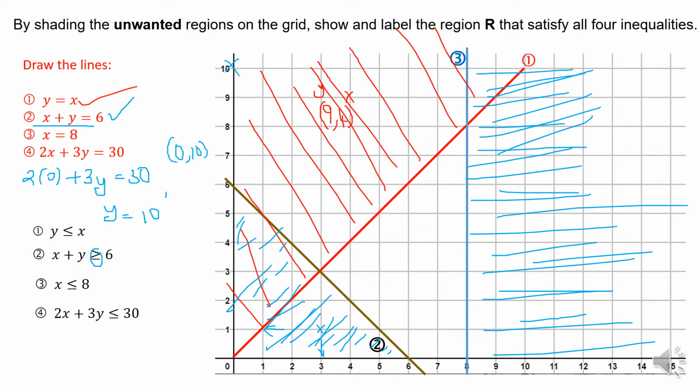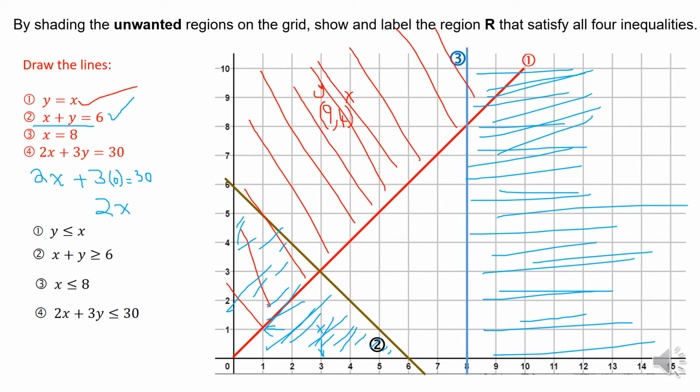That is the point that we are going to plot if you were to draw that particular line. And also to find where the line will cut the x-axis, you make y equal to 0. So you have 2x plus 3 times 0, and obviously you are going to end up with 2x equal to 30.